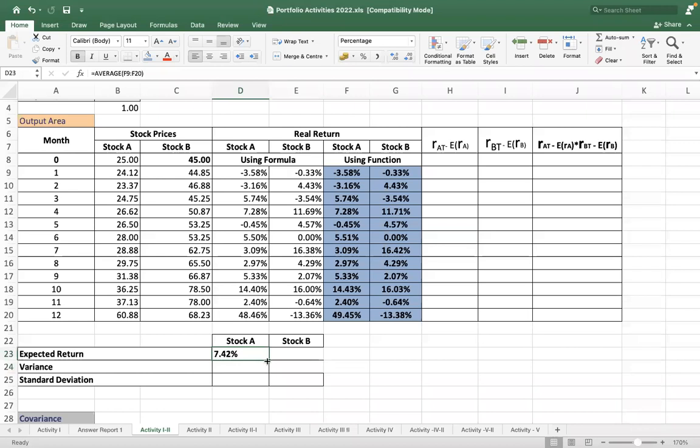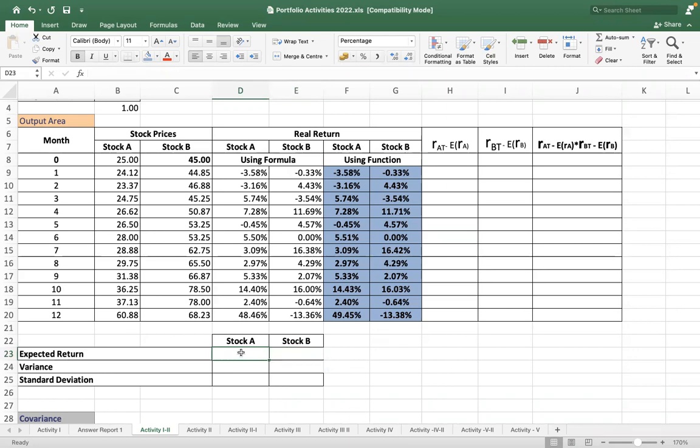Here 77.42. We can just drag it here and it automatically calculates the stock B return as well. Here you can also see the formula, average G9 to G20.